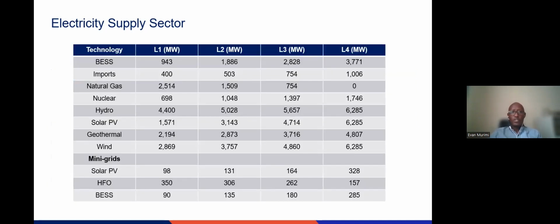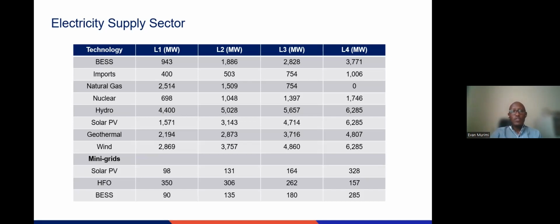So for instance, we took the 4 levers or the 4 ambition levels from L1 to L4. And for each of these, we were matching with the potential or how we can increase or decrease each of the levers.